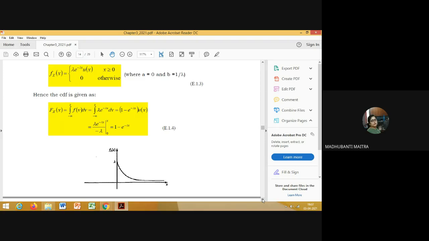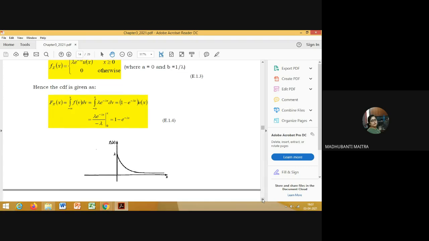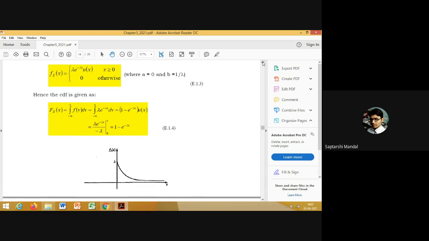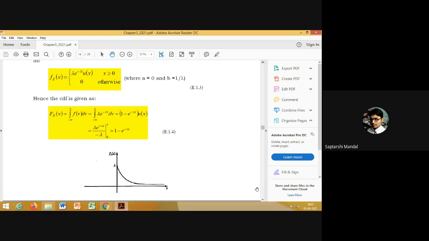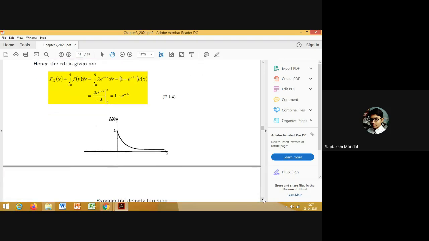So why do you take so much time? How did you obtain the value? Now I integrated the x lambda e to the power minus lambda x and then put the limit.